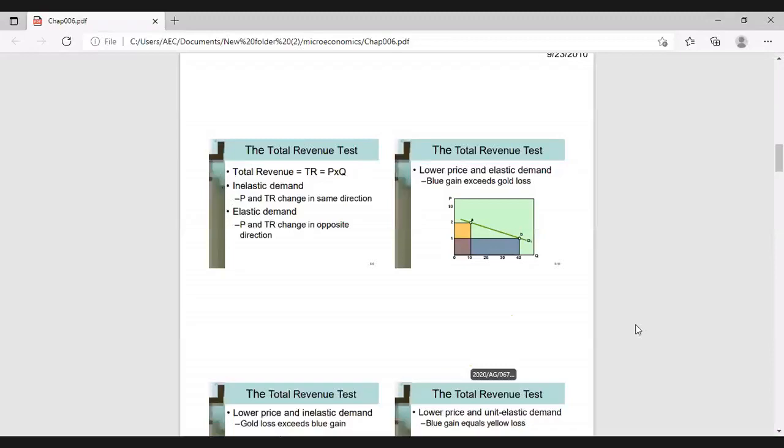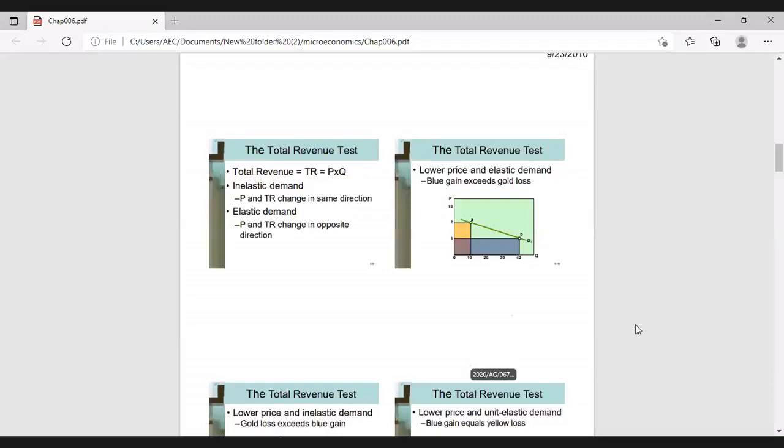When the price is 2, demand is 10. Earlier, the price is 1 and demand is 40. When the price increases to 2, demand decreases to 10.